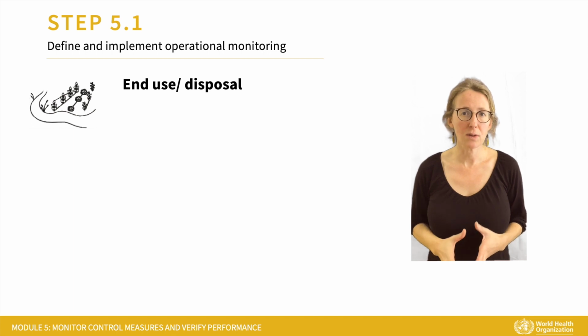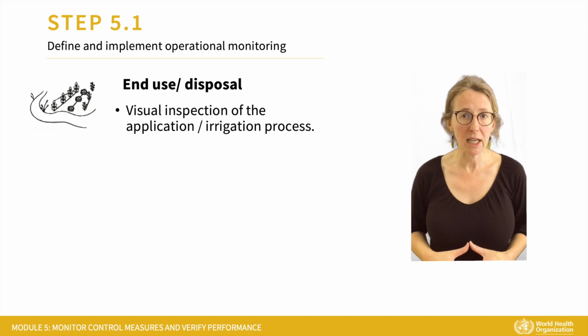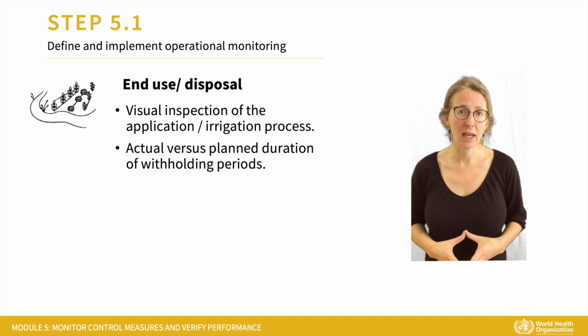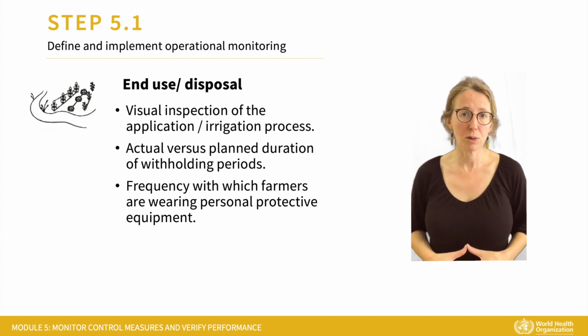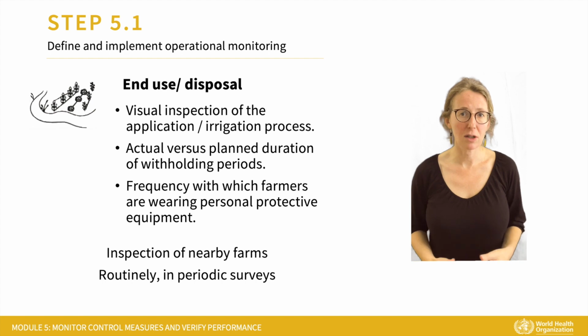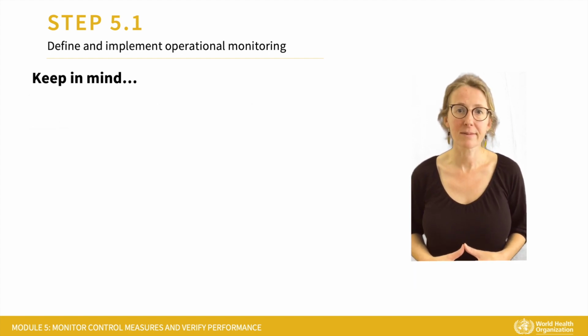At the end use or disposal step, monitoring parameters include visual inspection of the application or irrigation process, actual versus planned duration of withholding periods, frequency with which farmers are wearing personal protective equipment. Data may be collected via inspection of nearby farms with routine or periodic surveys.